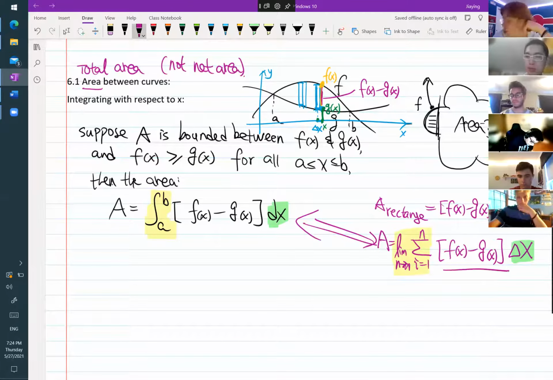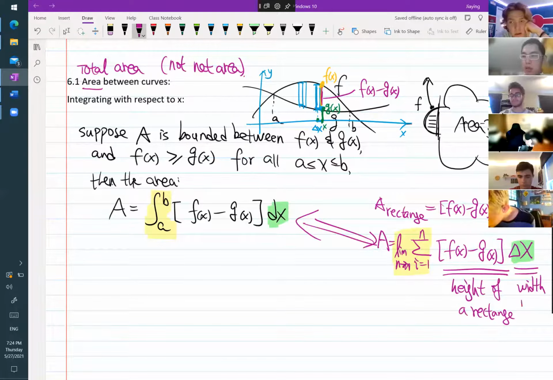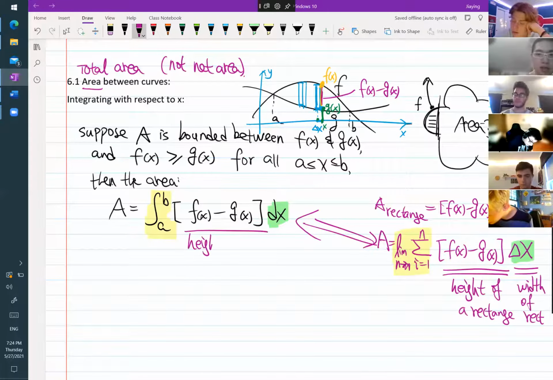So I want to point out that this gives you the height of the rectangle. This part gives you the width of the rectangle. I probably should write it here. So this is the height of the rectangle.